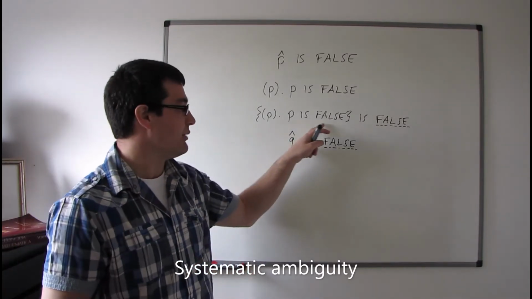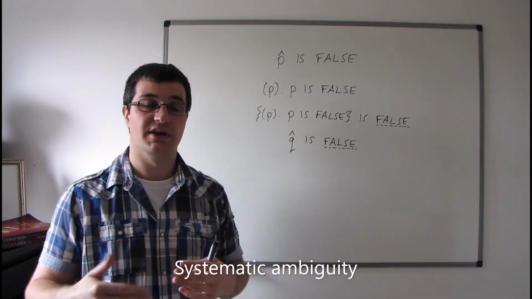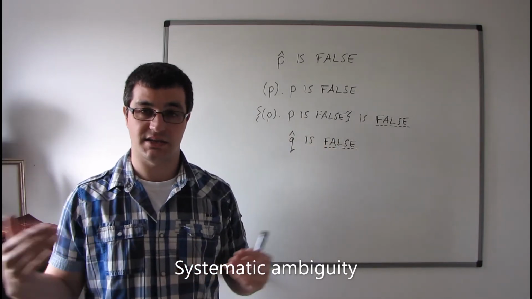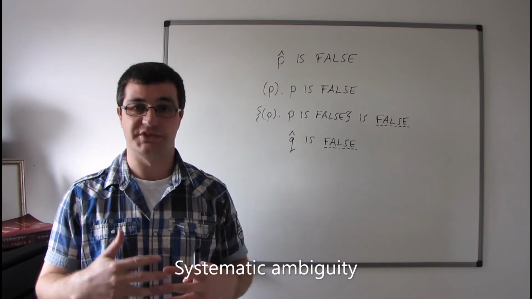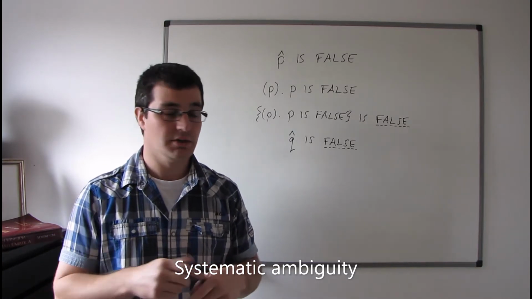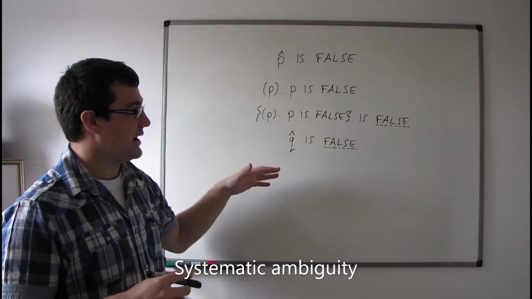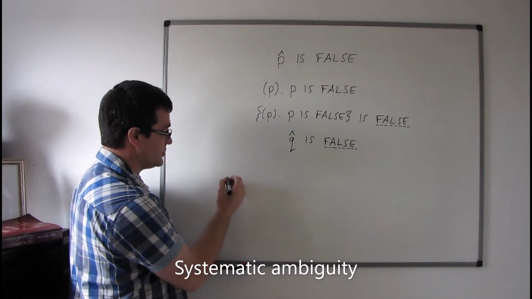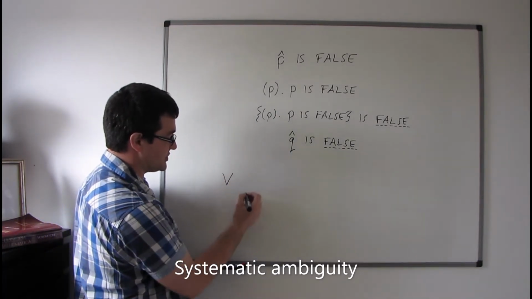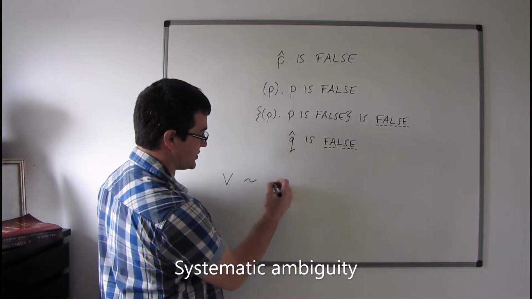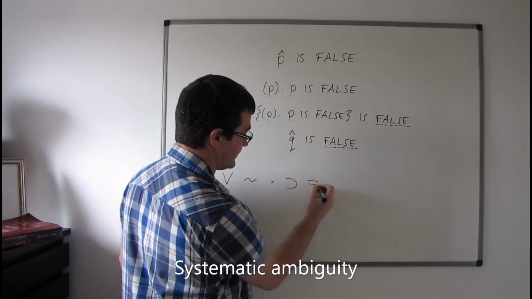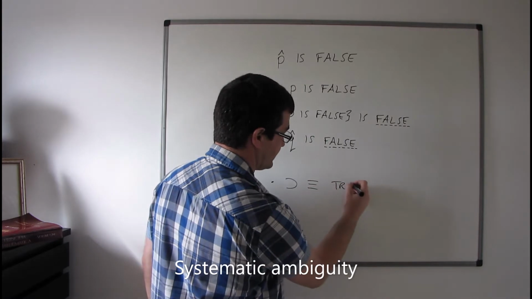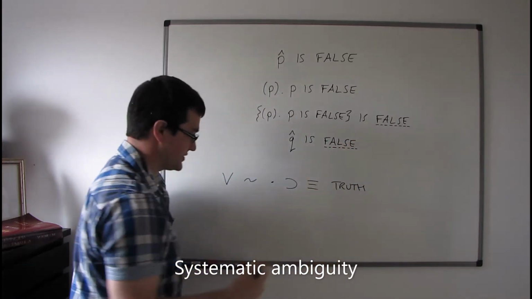So in other words, our false could potentially have an infinite number of meanings, depending on which proposition it's being applied to. The same kind of idea relates to use of, let's say, disjunction, negation, logical product, implication, equivalence, truth, and false.